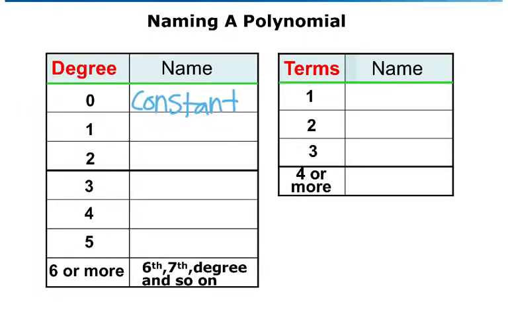All right. The next one here, if you have a degree of 1, we've already talked about those in previous algebra courses. They're linear, right? They're a line. That's the degree of 1, because again, thinking back to y equals mx plus b, this has a power of 1 up there.